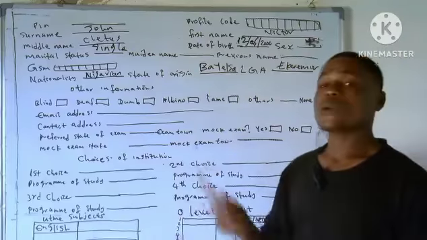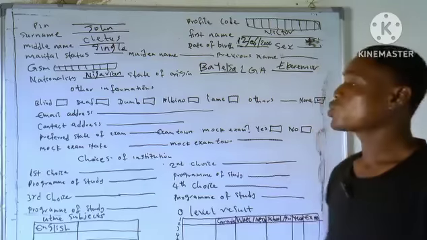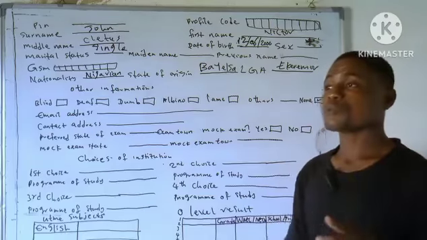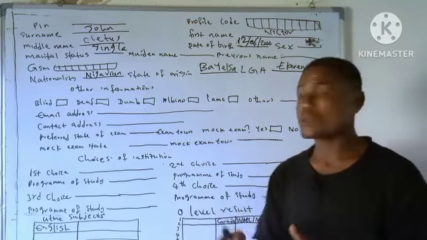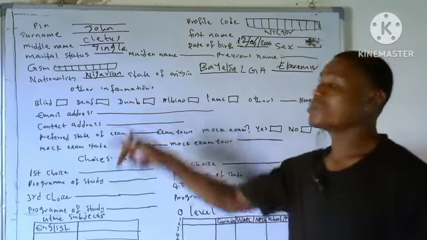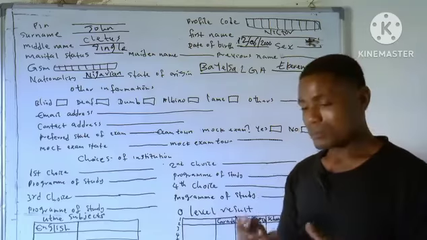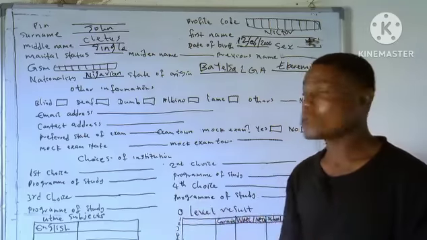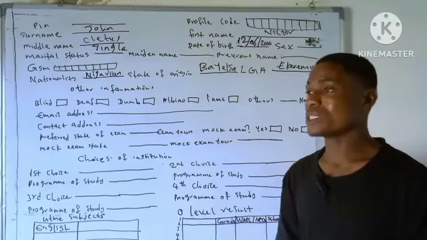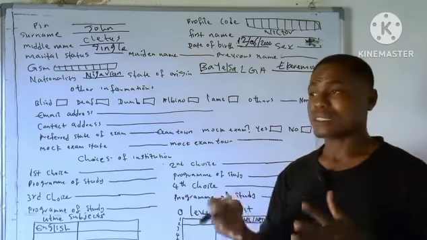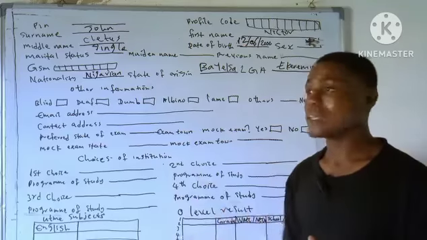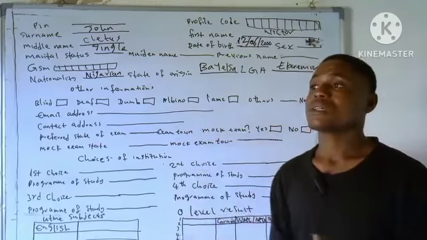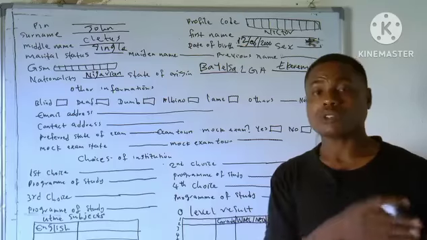Make sure you write your correct email address, because most of you previous students hurry and put the wrong email address. If you put a wrong email address, the people doing the JAMB registration will link it with your JAMB profile.